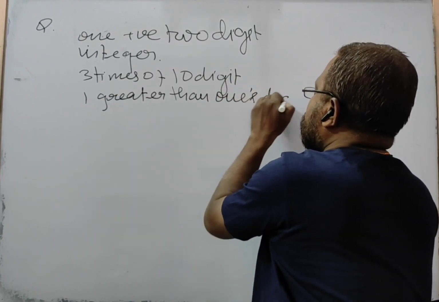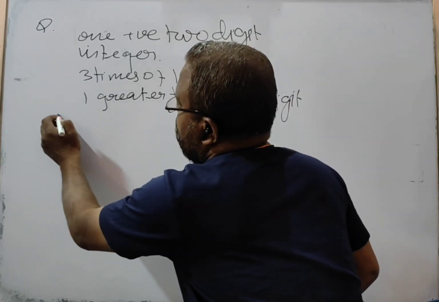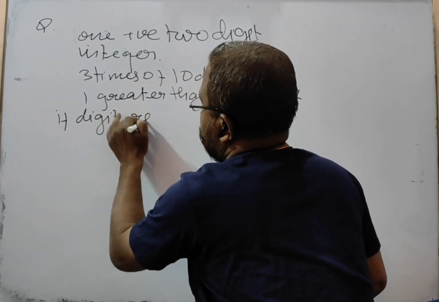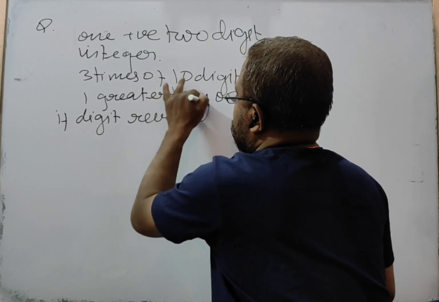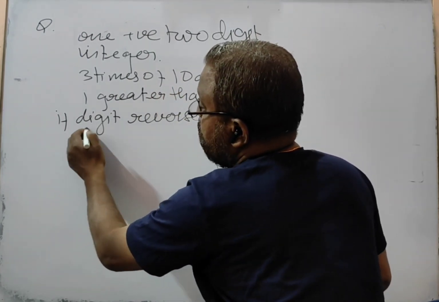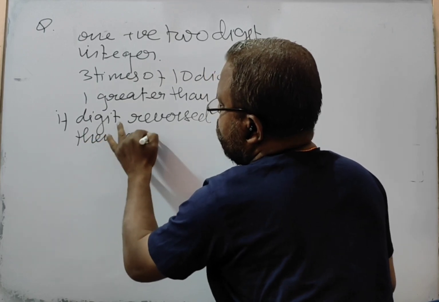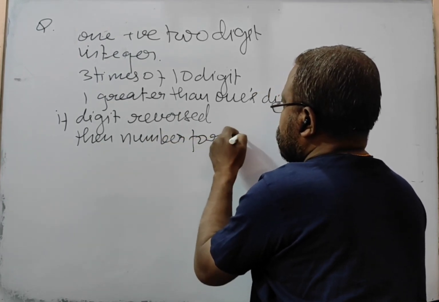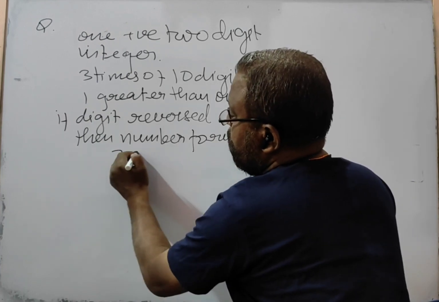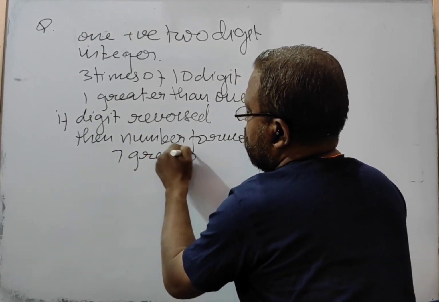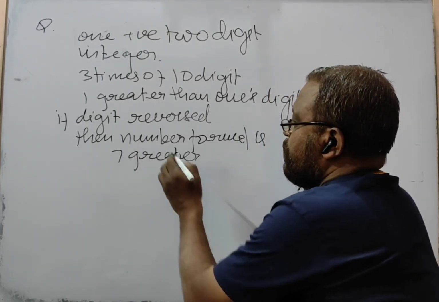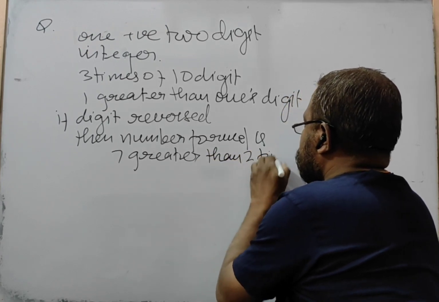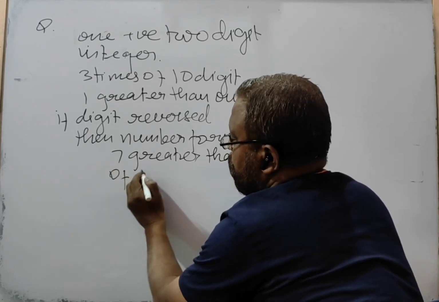Okay, fine. If the digits are reversed, then the number formed is 7 greater than 2 times the original number.